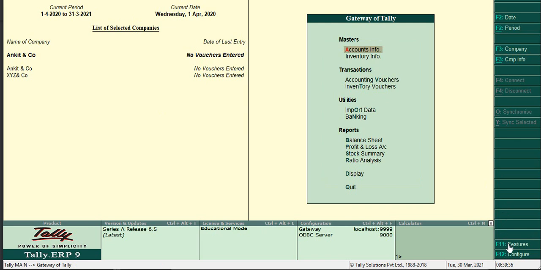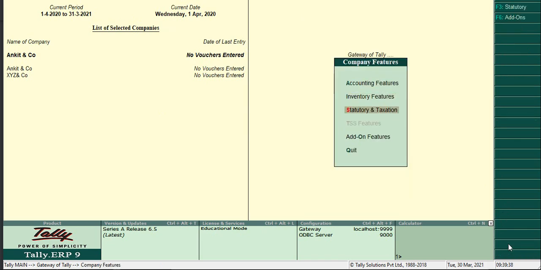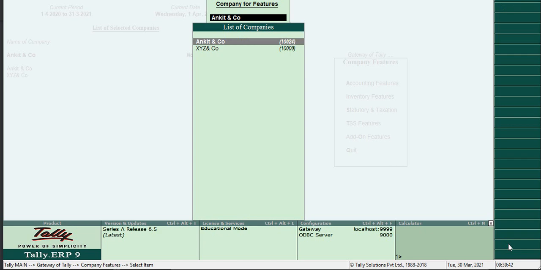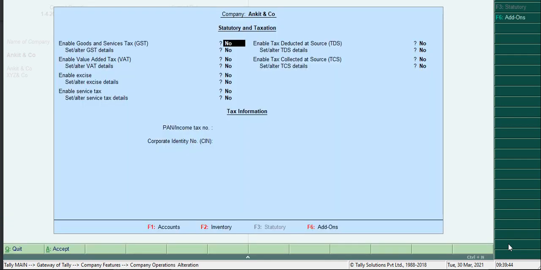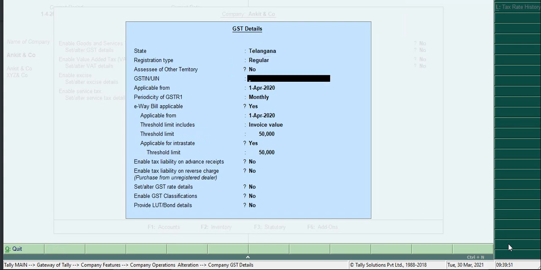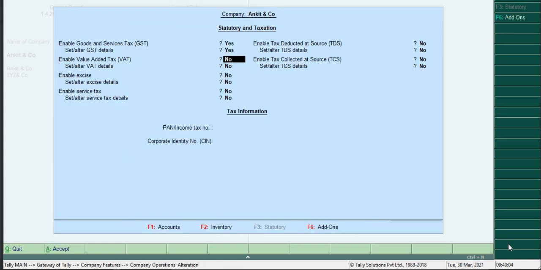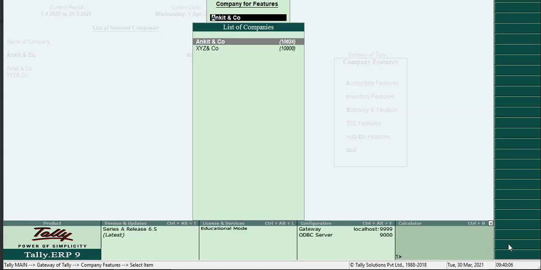No one has an interest to get some extra knowledge. Okay, let it be. How to activate GST? Here you have to enter the GST number 36 AABCG 2838 Z1 ZQ. So this is the GST activation.